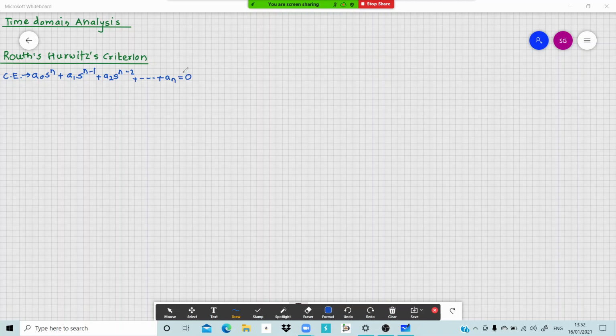Now, first thing, keep in your mind that an should not be equal to 0. If it is equal to 0, then you can take one s common, and in that case the system is not going to be stable. So I'll say as s is equal to 0, the system will not be stable.